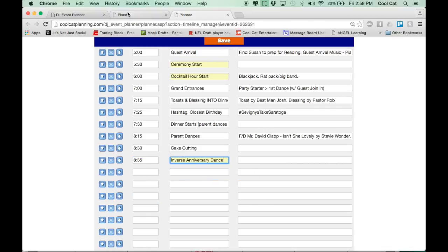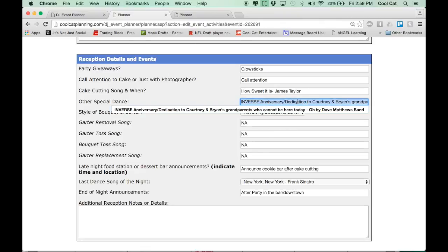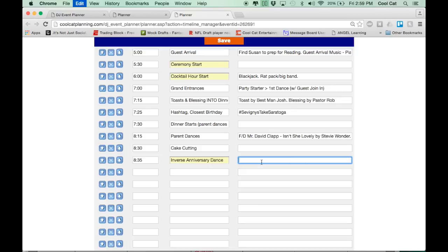So I would place that right at the beginning of dance time. And because it doubles as a dedication to her grandparents, it's even more important to do it early while they're still there. So I'm just going to paste that entire box into the timeline so that I have all the information about her grandparents easily accessible.